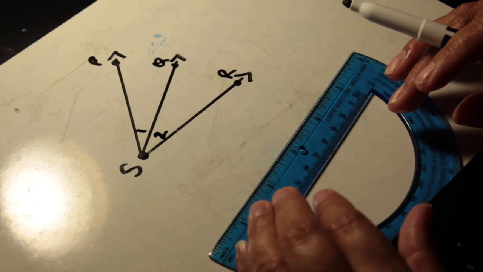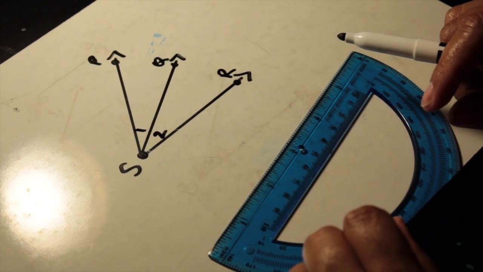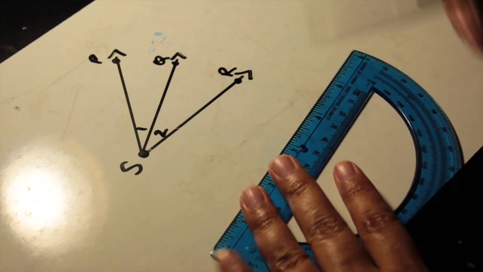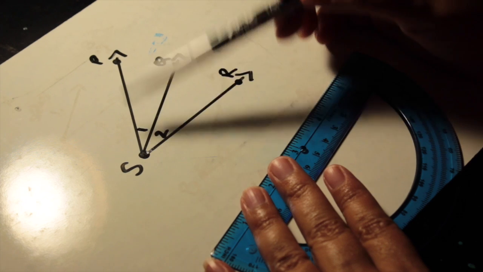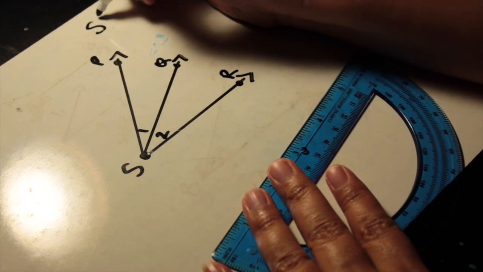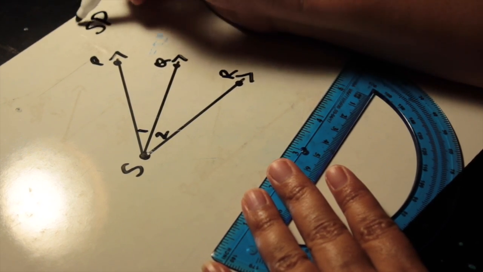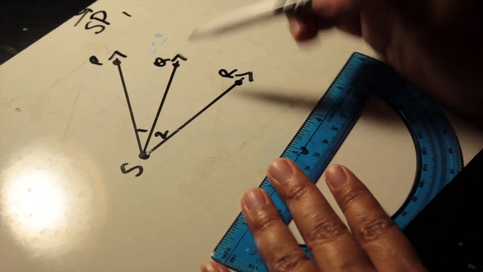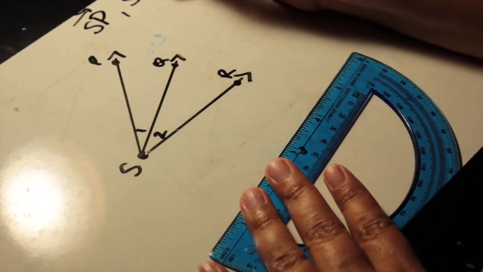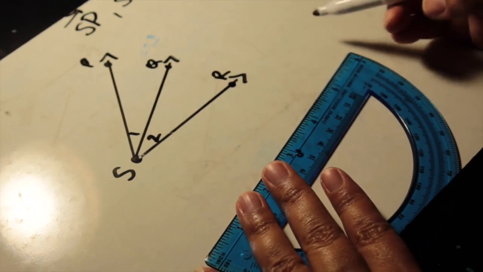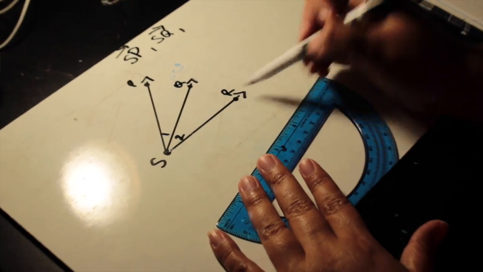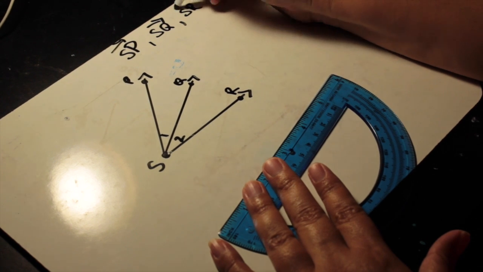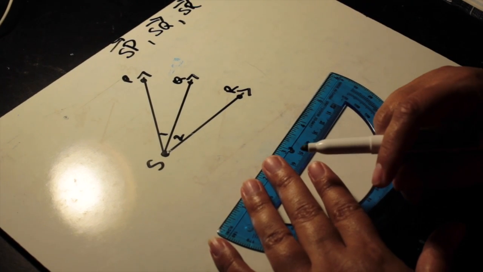The question is, name 3 rays in the diagram. So 3 rays would be SP, and we write the symbol for ray. Another one would be SQ. And the third one would be SR. We see that each goes from the vertex to the end there. Those are the 3.